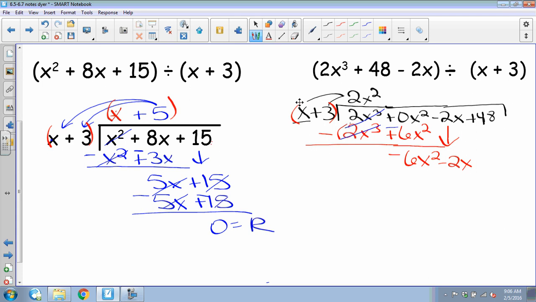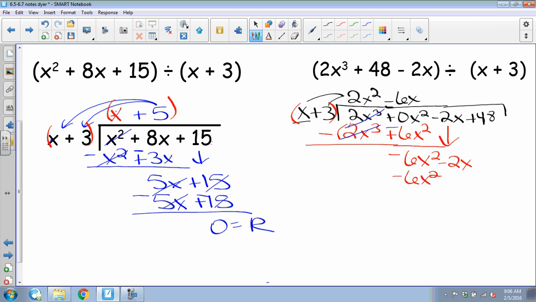Now we divide. X times what is negative 6x squared? Negative 6x. Okay? So now I'm multiplying negative 6x times x plus 3. So negative 6x times x is negative 6x squared.